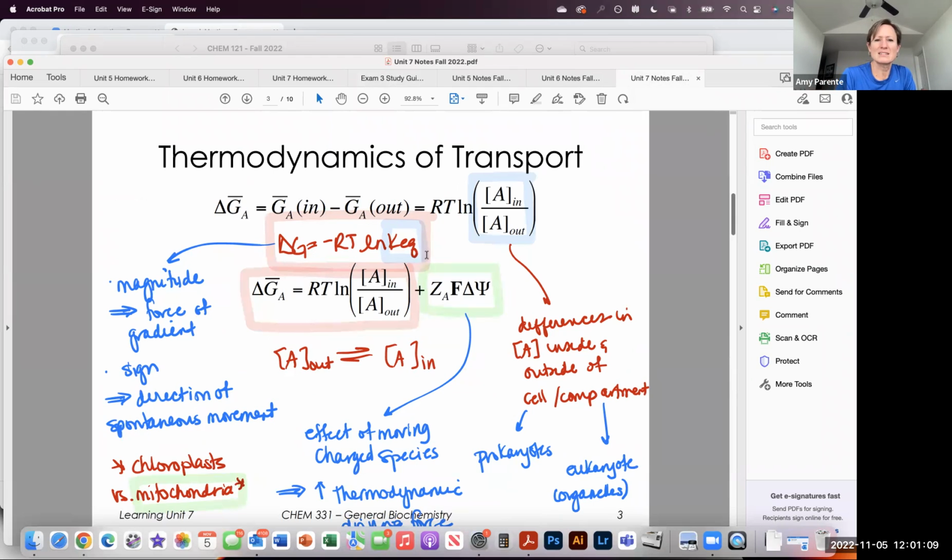It's reminding us that the magnitude of this force is proportional to the concentration difference of molecules inside or outside. That's what this equation is telling us. And then we can map onto that an extra added force if we are moving something that's charged. So all that this says is that the magnitude of that thermodynamic driving force is going to be larger if we have something that is a charged species. So that's all that means.